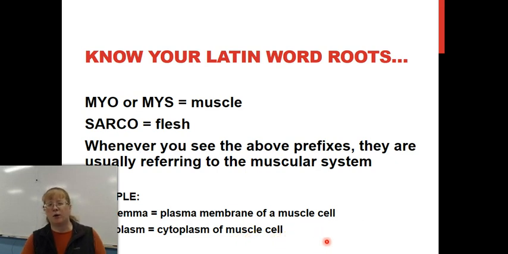Then we're going to be talking about your sarcoplasmic reticulum, which is the specialized endoplasmic reticulum within a muscle cell that has a certain job. This is where that cell biology review we did was important, to review the organelles within the generalized cell, because now we're talking about specific structures within the muscle cell and the specific jobs that they do for this kind of cell.